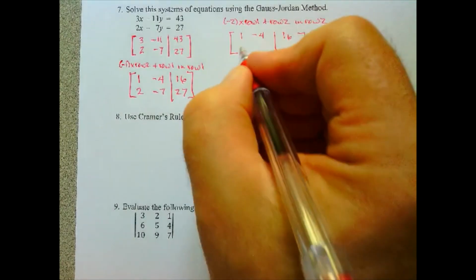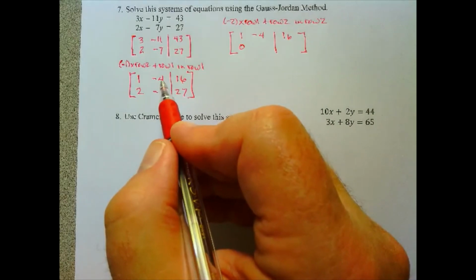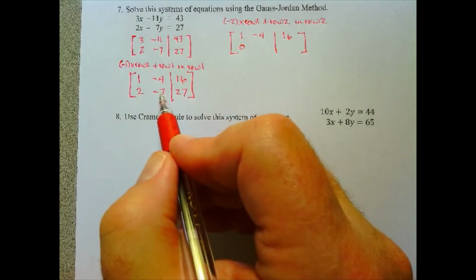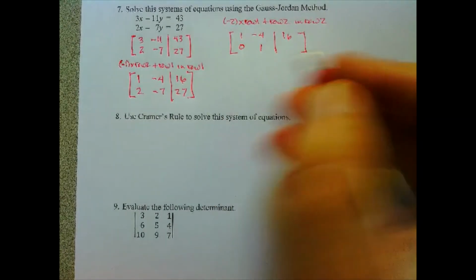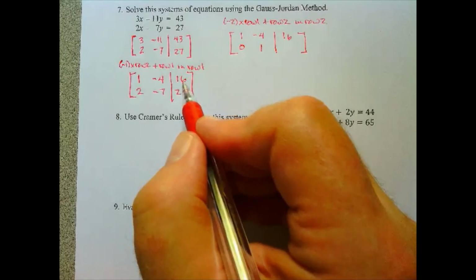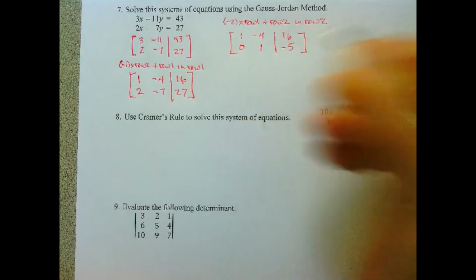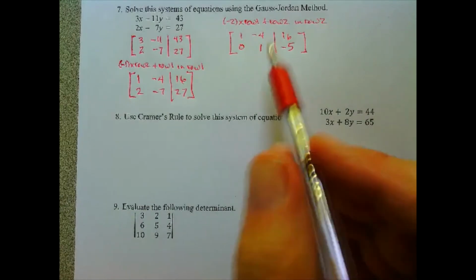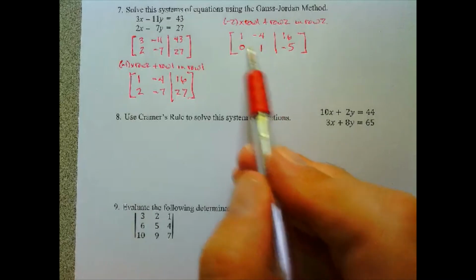So, as I mentioned, that'll be 0. Negative 2 times negative 4 is positive 8. Positive 8 subtract 7 is a 1. And then 16 times negative 2 is negative 32. Negative 32 and 27 would be a negative 5. And so it happens, in this case, I got my 1 there right away just by trying to get the 0 there.